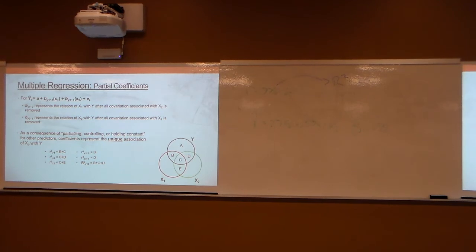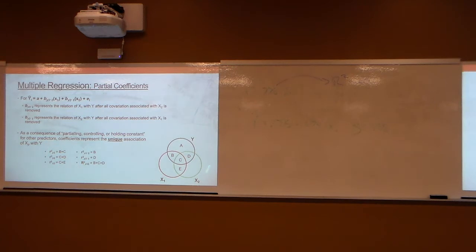When we're doing this, we're looking at a unique effect. If I'm looking at the squared correlation of Y with X1, that's accounting for B and C, because that's the shared variability between X1 and Y. If I look at the correlation of X2 with Y, I'm getting C and D, because that's everything correlated there.